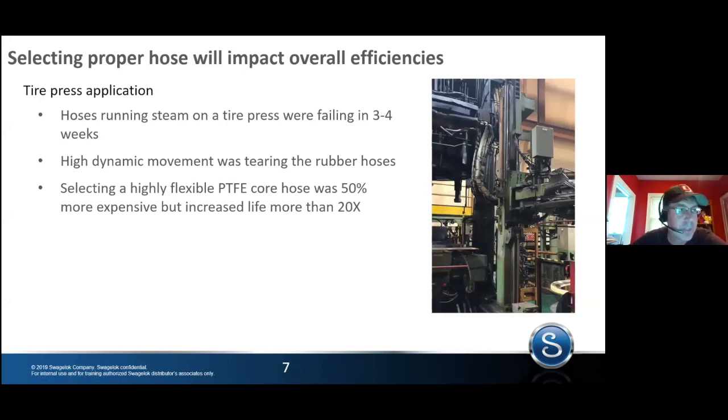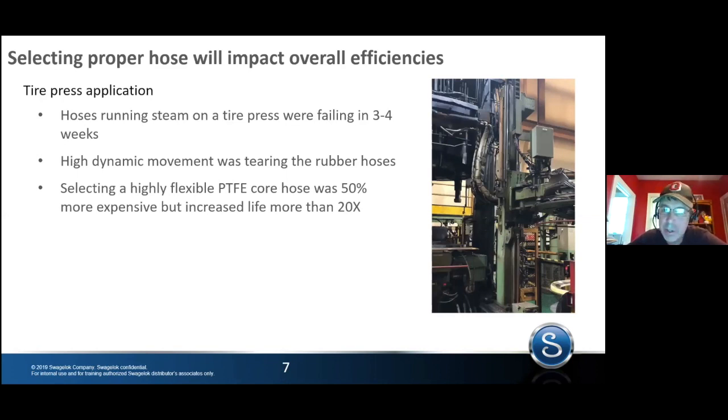And the particular hose that was being applied was failing in about a few weeks, about a month. And it was because it was the wrong hose for this high temperature steam application. So we were able to look at this situation, understand the dynamics of what the tire press was doing, suggest a different hose, and we've now had these hoses in service for about 2 years, and they're still going strong.